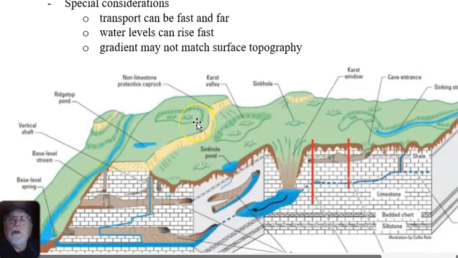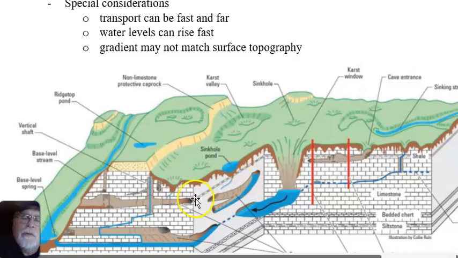Some special considerations in karst is the transport can be fast and far. The water levels can rise fast, like I said, and the gradient may not match surface topography. So if you look here, this one shows the water kind of going this way. Down here, you're going uphill there, and the water is actually going downhill.